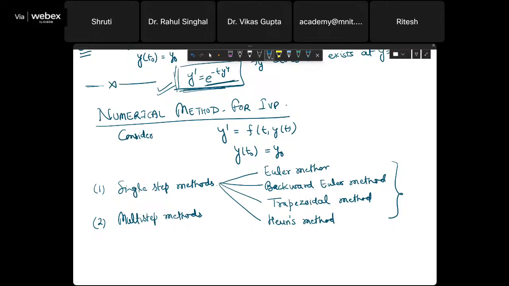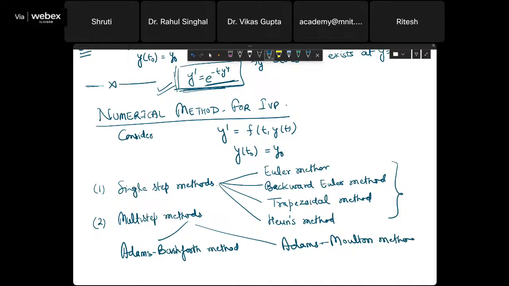And as far as multi-step methods are concerned, again, there are several methods available which come under this category, but I'm going to discuss here only the Adams-Bashforth method and Adams-Moulton method. Okay, so these two methods, particularly, I'm going to discuss under this.